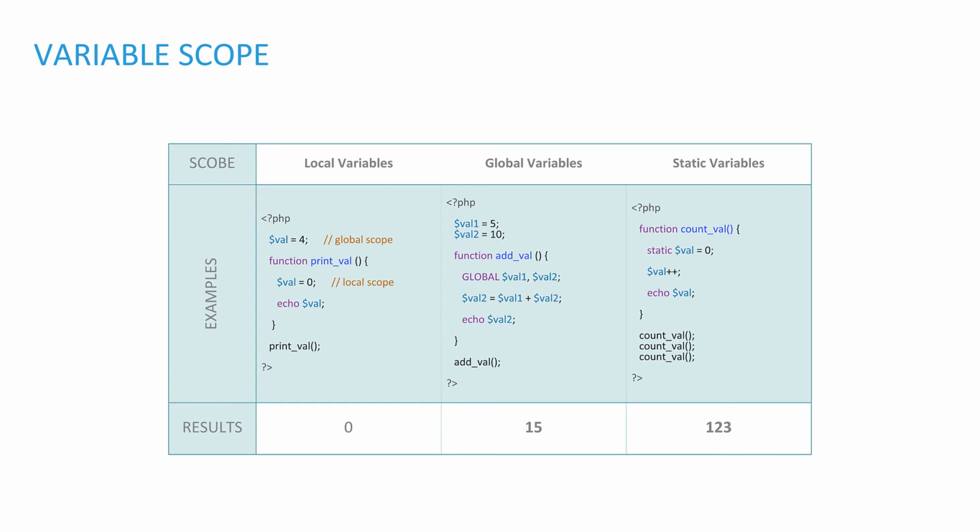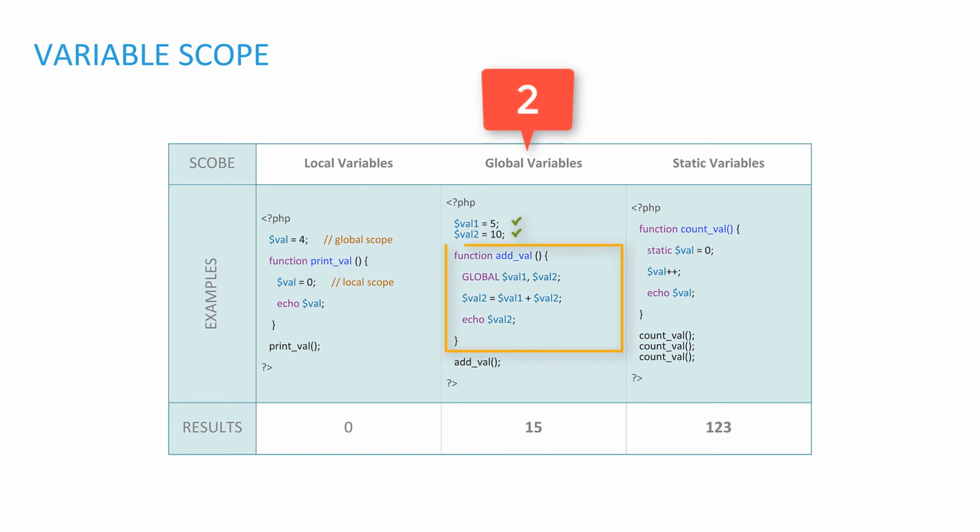The next type is called global variables. This type refers to any variable that is defined outside of any function and can be accessed from any part of the script except inside a function. But if you want to access a global variable from within a function, you can use the global keyword before the variable name as in the following example.